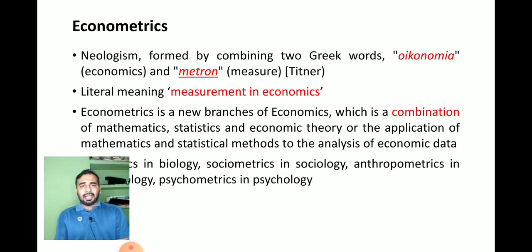If you look at other branches of science, especially social science, we can say that this kind of measurement subject is there in almost all branches of science and social science. In sociology, there is sociometrics. In psychology, there is psychometrics. In anthropology, there is anthropometrics.